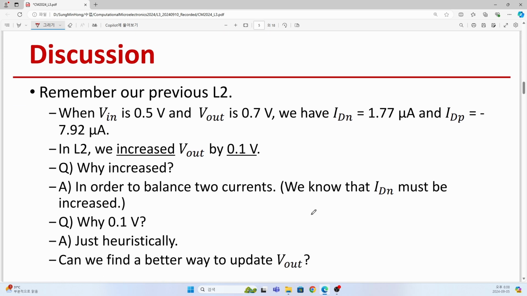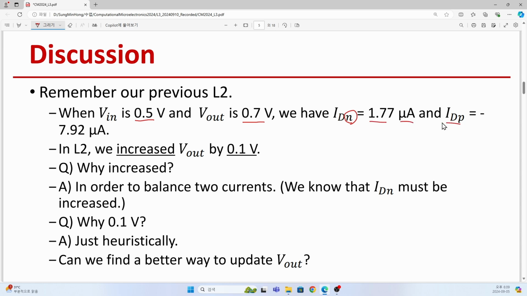Now let's try to remember our previous lecture L2. When input voltage was 0.5 and when we tried to check the output value of 0.7, of course we had an imbalance of terminal current. For example, NMOSFET current was just 1.7 microamp.